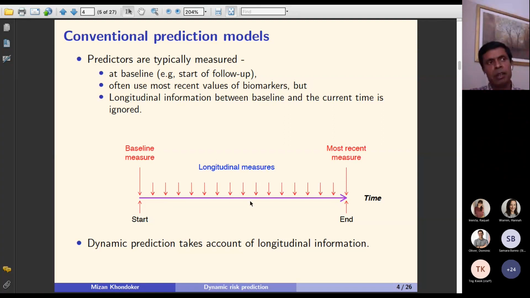So this is the main advantage of the dynamic prediction model. It can use the most current value as well as the history of the longitudinal measures. So this gives more information in terms of predicting the clinical outcomes.